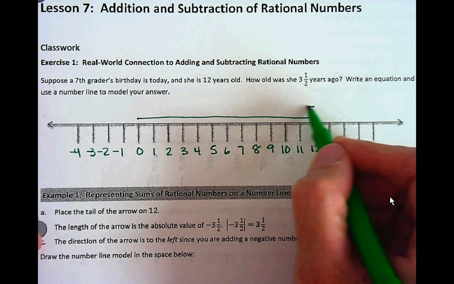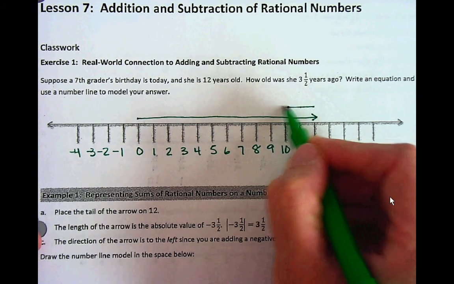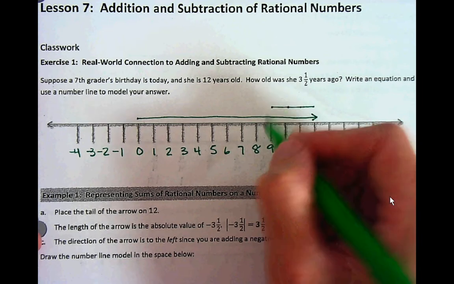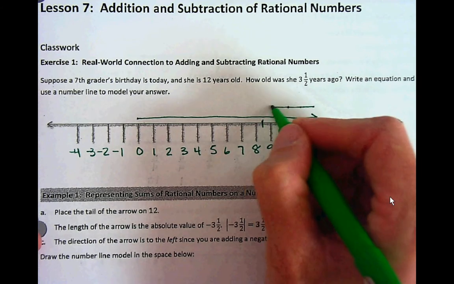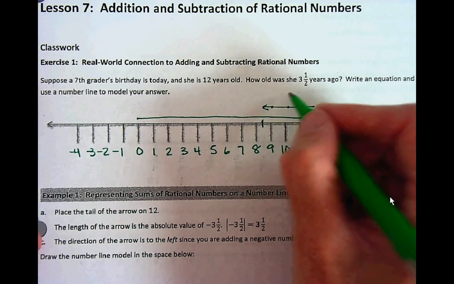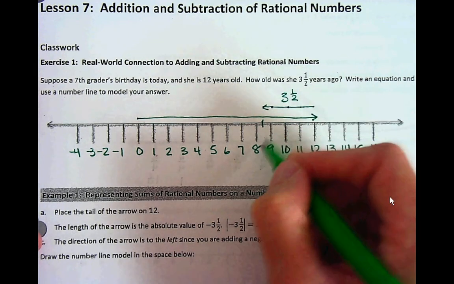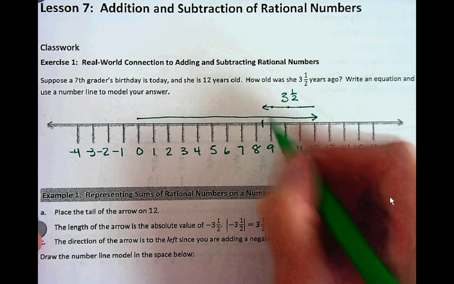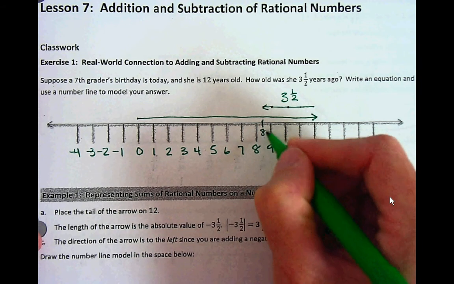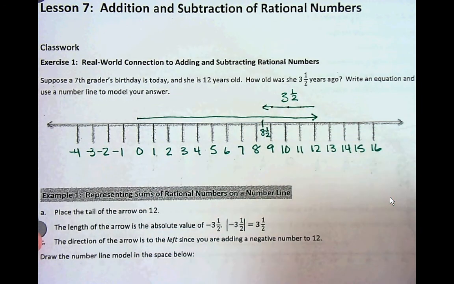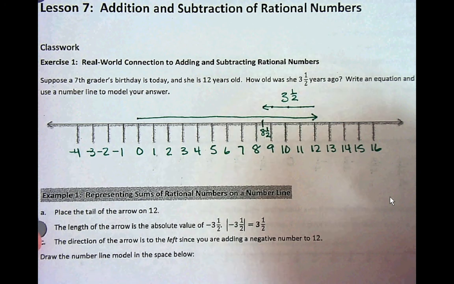So if we go 1, 2, 3, and then we have to draw in a half, so that this is 3.5. And so in between 8 and 9 would be 8.5. So we know that the answer is 8.5.